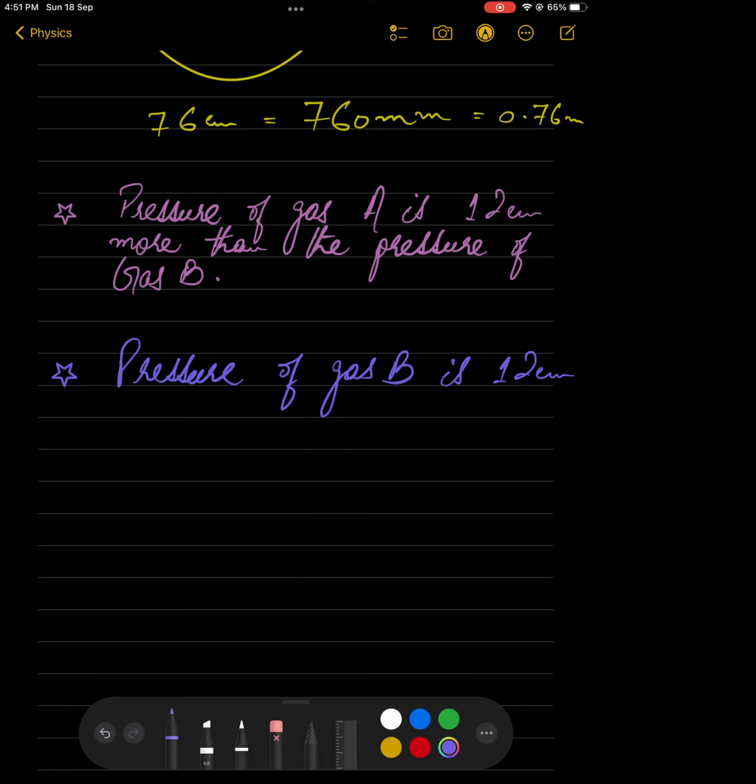Pressure of gas B is 12 centimeter more or less? Yes, it is less than. Pressure of gas B is 12 centimeter less than the pressure of gas A. तो ये दोनों ही मेथड्स एक्सेप्टेबल हैं. बोथ ऑफ दीज मेथड्स विल रिवॉर्ड यू फुल मार्क्स, लेकिन ये यूजुअली एमसीक्यूज के लिए आता है.